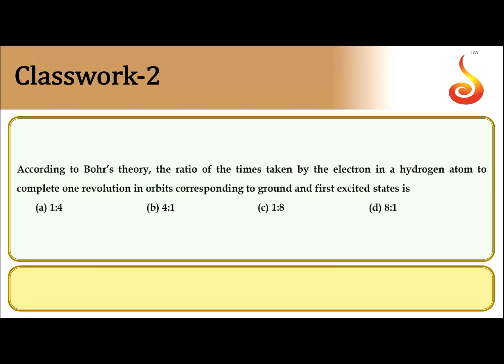Example 2. According to Bohr's theory, the ratio of the times taken by the electron in a hydrogen atom to complete one revolution in orbits corresponding to ground and first excited states is. The time period is directly proportional to n cube and inversely proportional to z square.